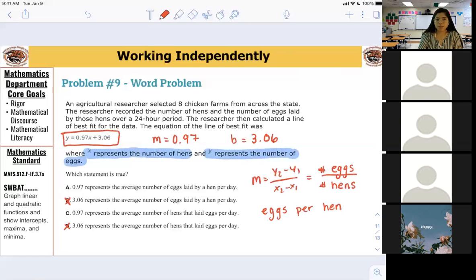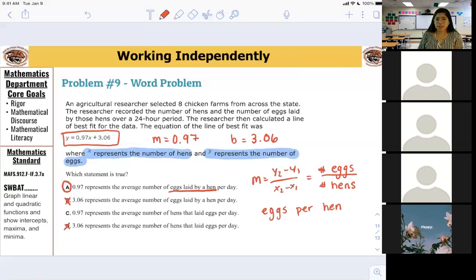So rereading the problem, again, the answer that matches that statement would be answer choice, I see it in the chat, answer choice A, because this is telling me the number of eggs laid by a hen, not the number of hens that laid eggs. It's eggs per hen, not hens per egg. So C kind of had it backwards. This one was really weird. It was a little hard. Does anyone have questions?